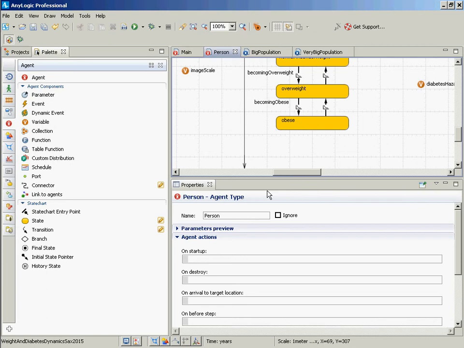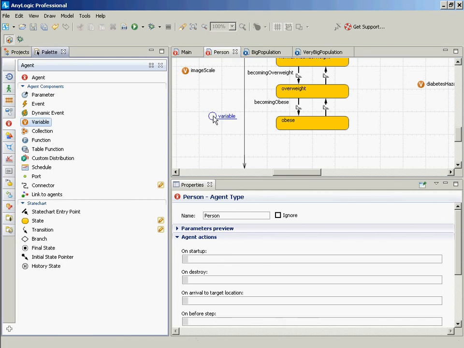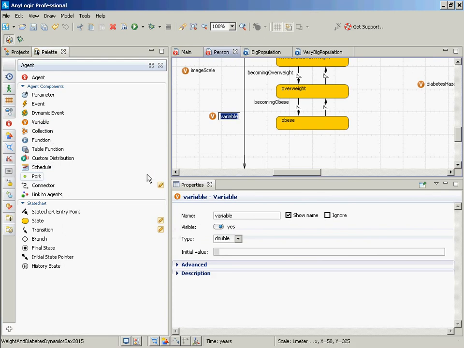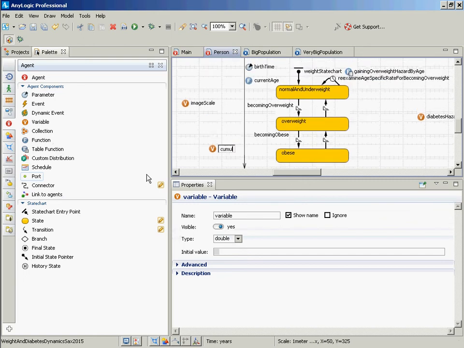Okay. So I'd like to drag in a variable. Cumulative obesity years prior to current obesity state.